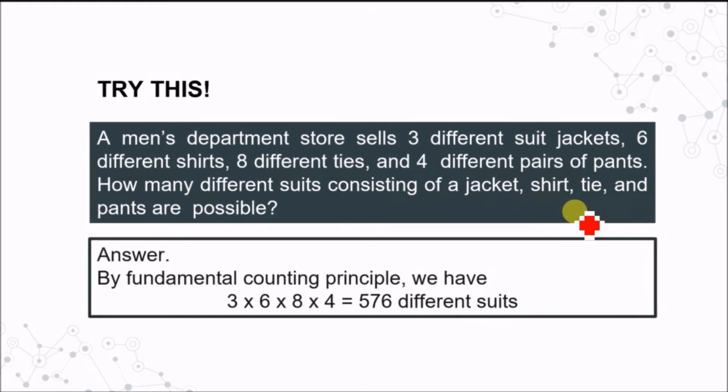We just have to multiply 3 times 6 times 8 times 4, because our first event has 3 different jackets, for the second event there are 6, for the third event there are 8, and for the last one there are 4 different pairs of pants. So the product would be 576, and these are the different suits that can be made out of the given set from the department store.